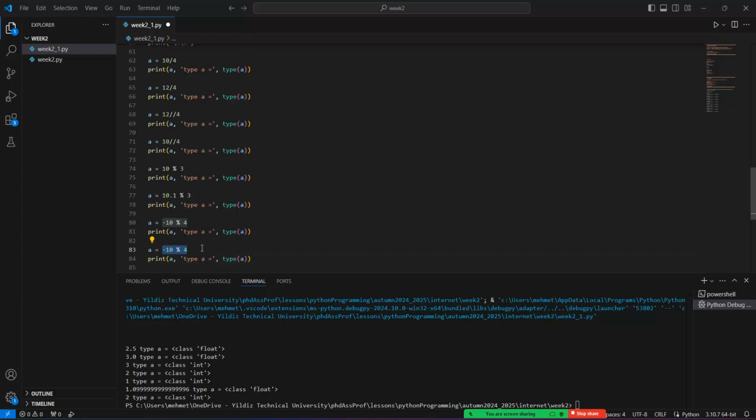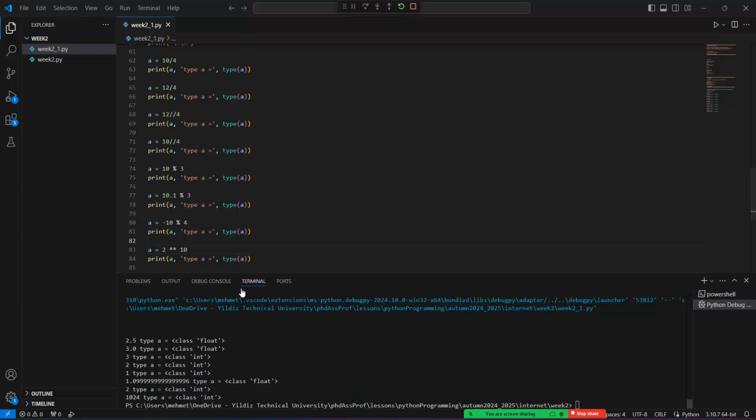Or we can write 2 double multiplication operator with 10, which is the power operator, and we will have 1024, because 2 to the power of 10 is given here.